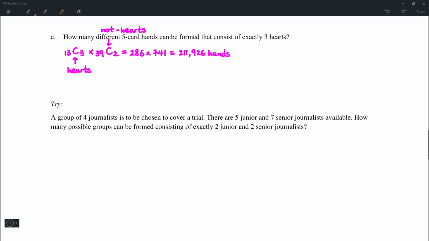We have 5 junior journalists, I'm going to choose 2 of them, and then 7 senior journalists, I'm going to choose 2 of them. So that will simply be 5 choose 2 is 10, 7 choose 2 is 21. So there are 210 possible groups.